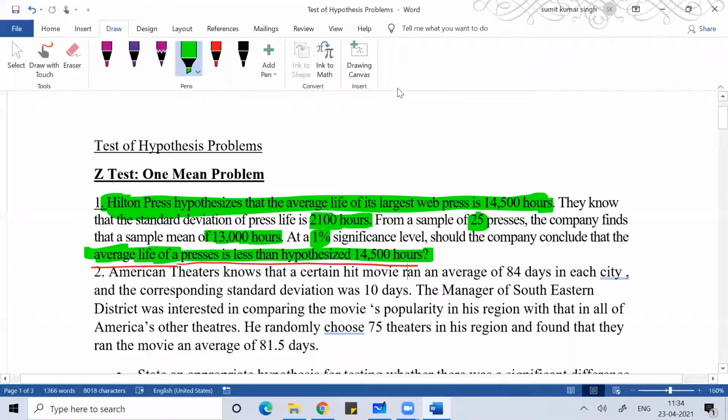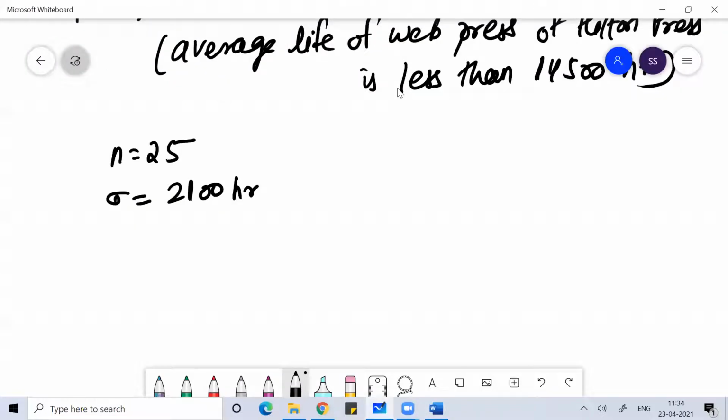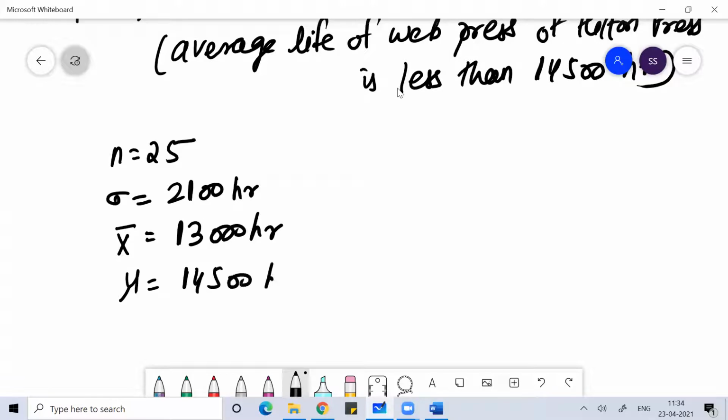The sample mean is 13,000 hours, and the population mean is 14,500 hours.